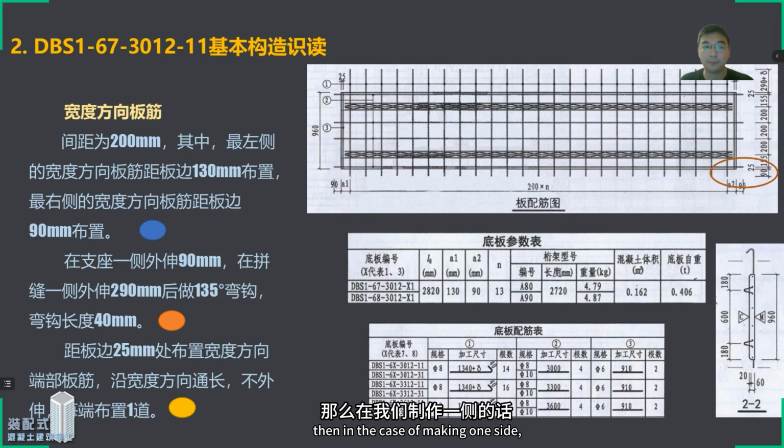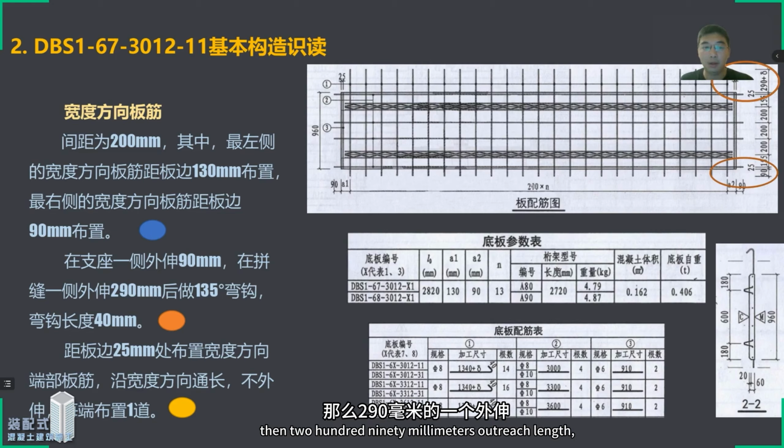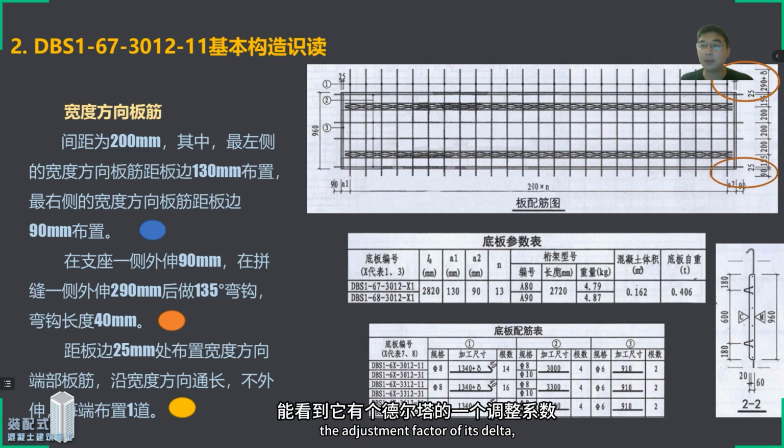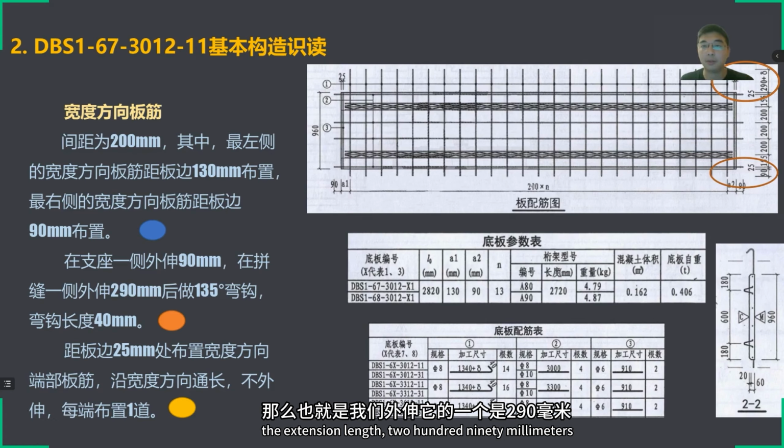Then in the case of making one side, it has an outreach length of 90. On the other side, it has an outreach length of 290. Then 290 mm outreach length. We're able to see on the drawing the adjustment factor of its delta, the adjustment of a width, because it is a drawing, so we do not need to add the width adjustment.